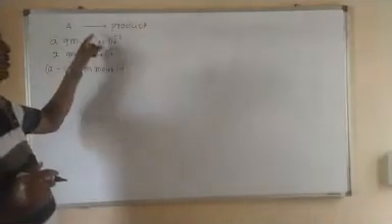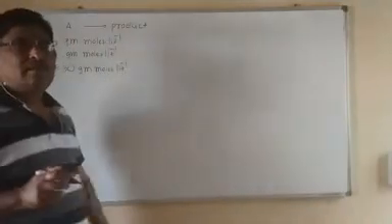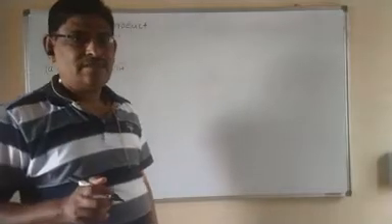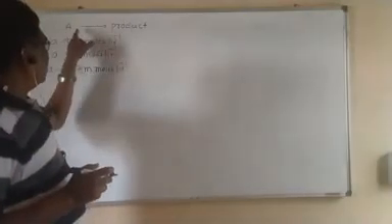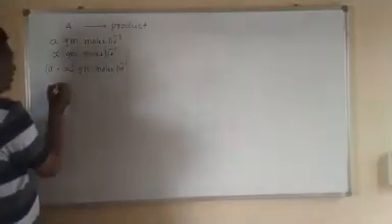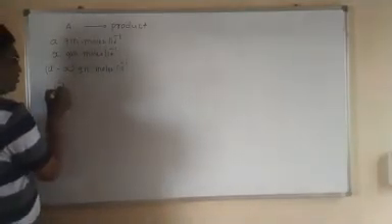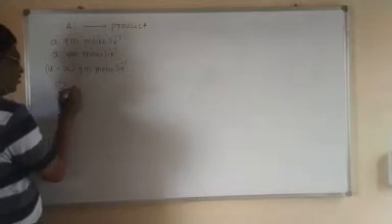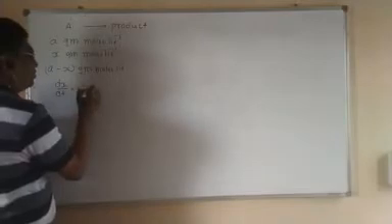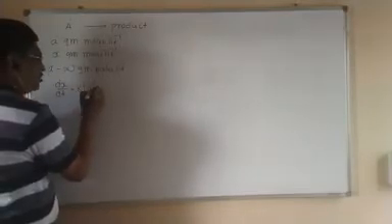Right. Now apply the rate law expression. Write the rate law expression for this reaction. I write directly dx/dt, the rate, is equal to rate constant capital K into the concentration of reactant.